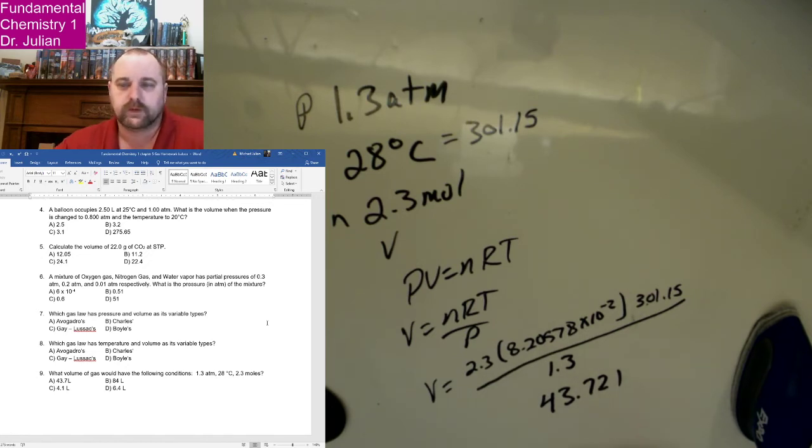We had 2 sig figs in our temperature and in our number of moles. They used 3 for some reason, so hey, it'll be fine.